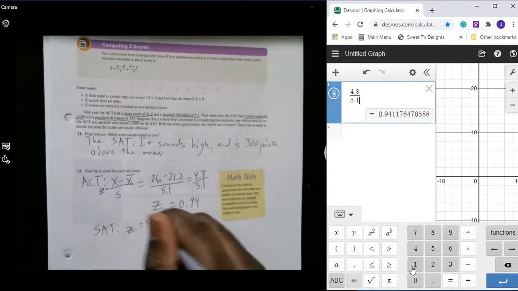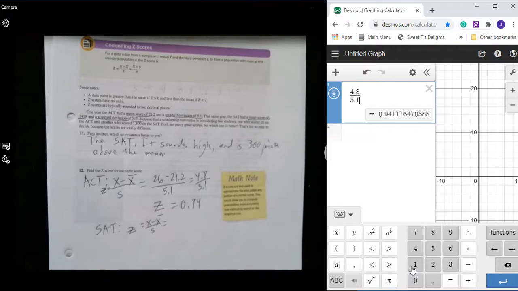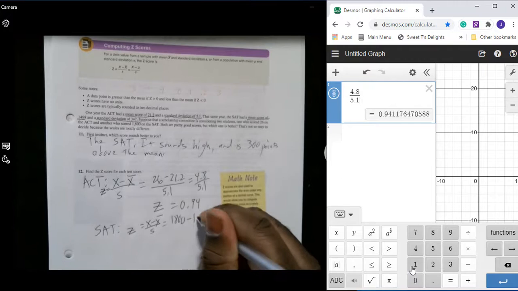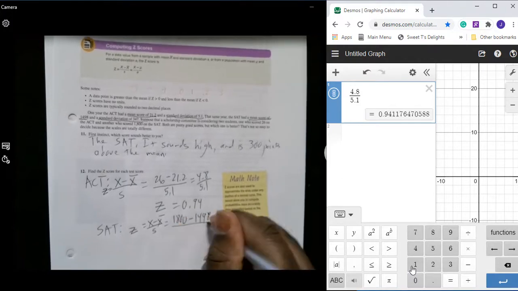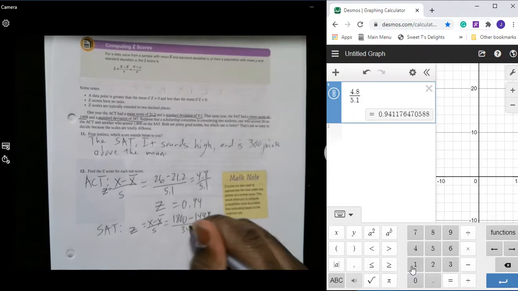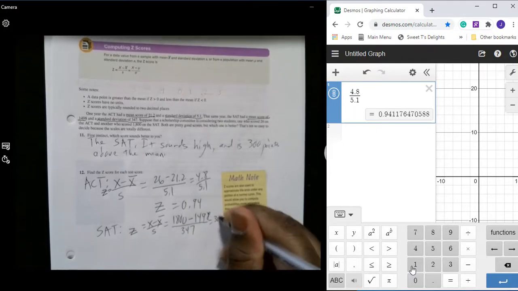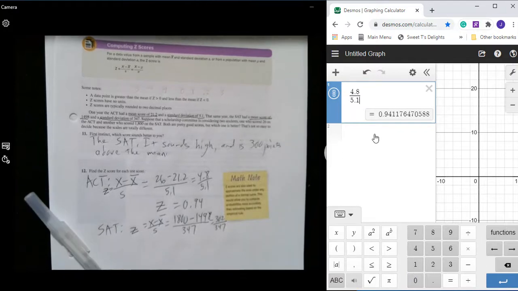Now we would do the SAT. z is equal to x minus the mean over the standard deviation. 1800 is the score, minus the mean is 1498, all over 347, which is the standard deviation. Now when we subtract this, this will give us 302 over 347. So we'll put this in the calculator, 302 divided by 347.